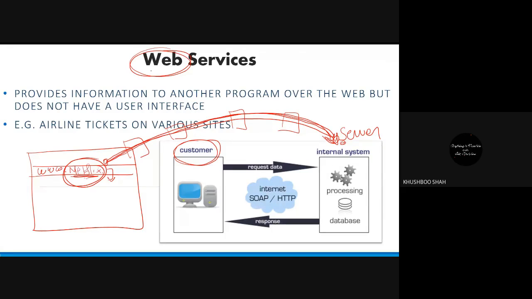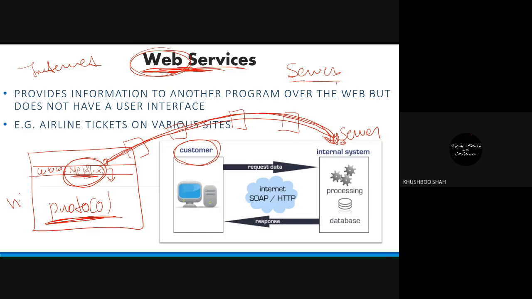So normally when we say web services, of course we need internet, and all these services are basically for the server sites. In one word, if you want to explain this, you can simply say protocol. When you want to use any particular protocol, like HTTP or FTP, you need a web service.